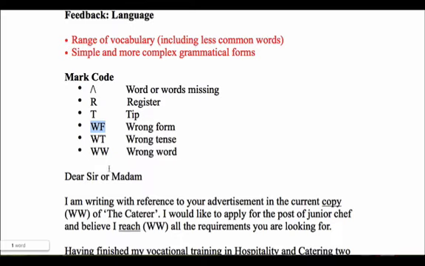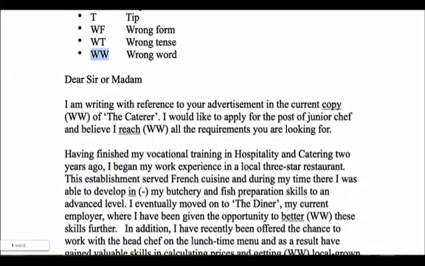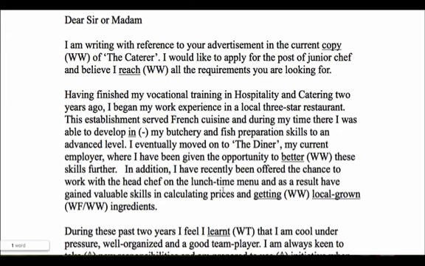So maybe they've put a verb rather than a noun, or the negative as opposed to a positive, so the wrong form. If you see WT, it means wrong tense. And if you see WW, it's the wrong word. So if you look through the letter now, I will scroll the screen very slowly to give you time to read it and see what you think.